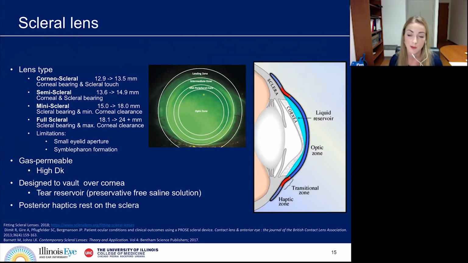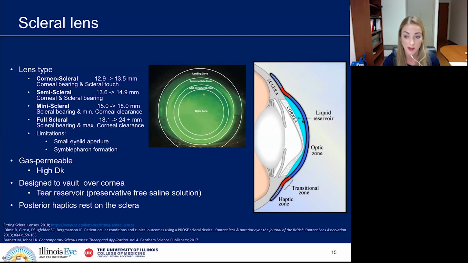These lenses are gas permeable lenses in high or hyper Dk, so we want an oxygen permeability of at a minimum 100, but if we can get over 140, that's even better. And some things that affect the transmissibility of oxygen to the lens is the tear film. So you'll see in the image on the right that there is that liquid reservoir that is filled with preservative-free saline solution, and it's vaulting entirely over the cornea and there's no touch.